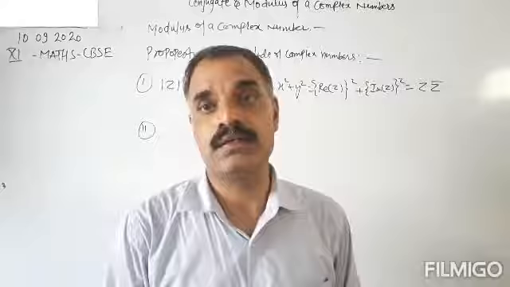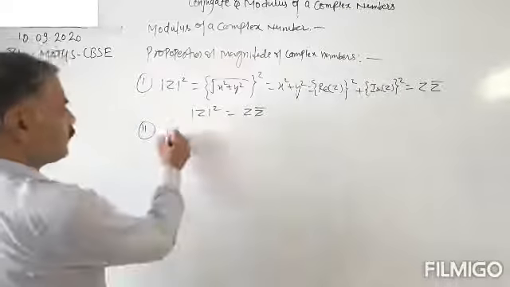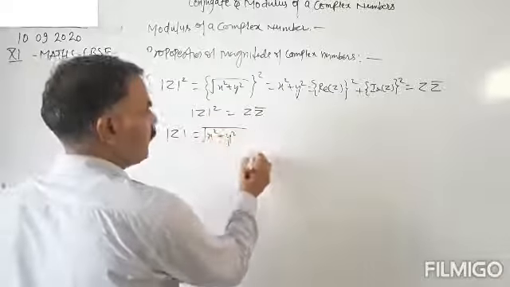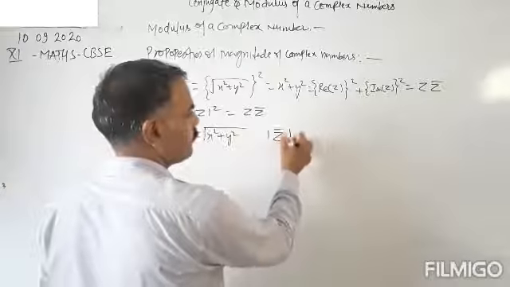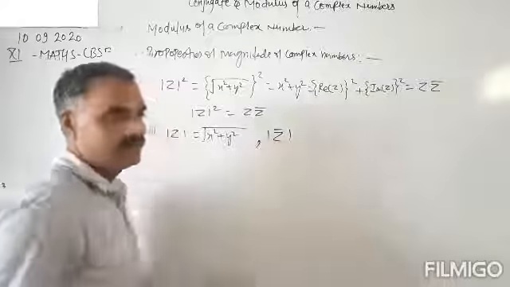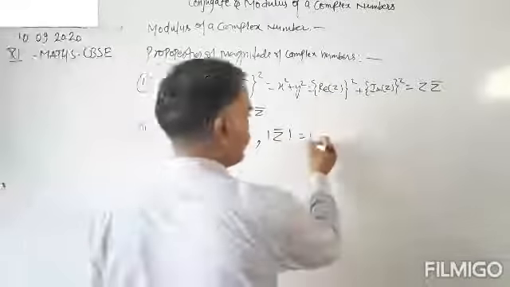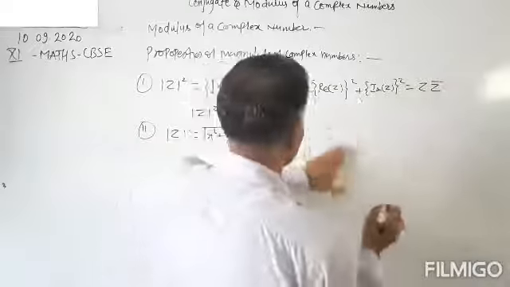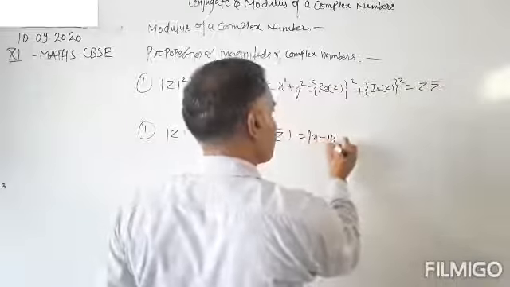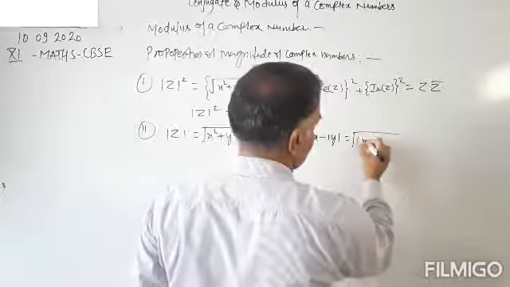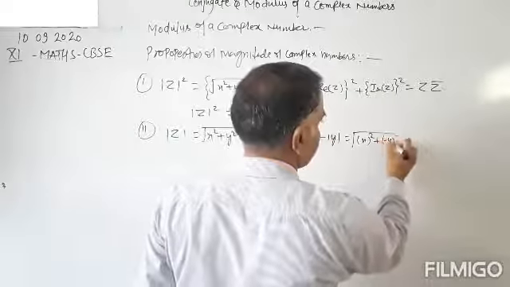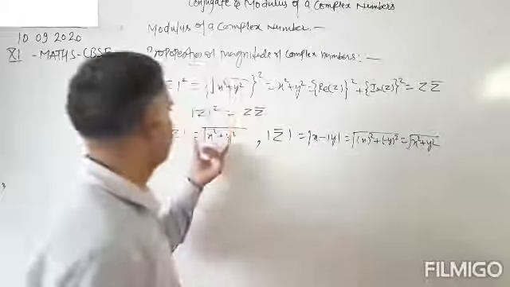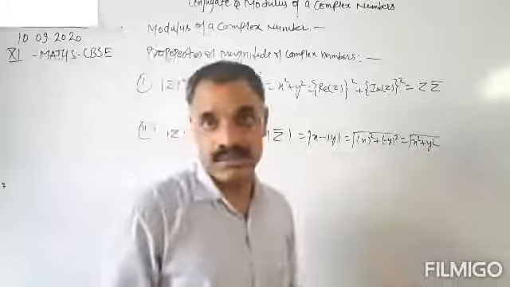The second property: modulus z equals under root x square plus y square, and modulus z bar, that is x minus iota y, equals under root x square plus minus y square, which equals under root x square plus y square. This and this are the same.